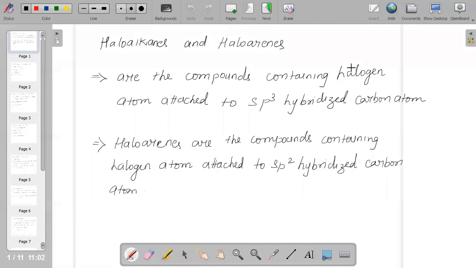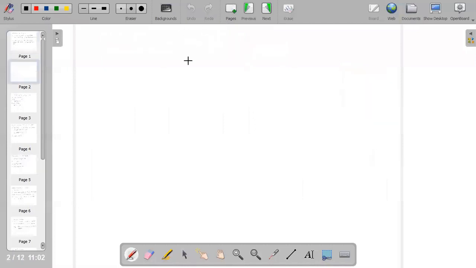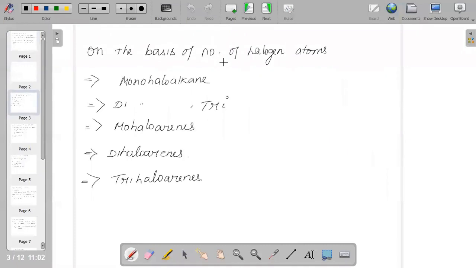On the basis of the number of halogen atoms attached, we classify haloalkanes and haloarenes into different categories.